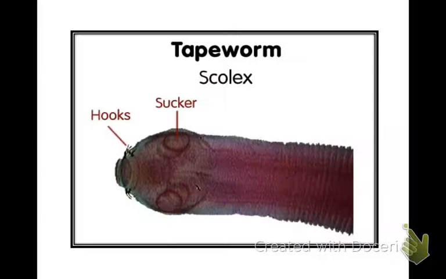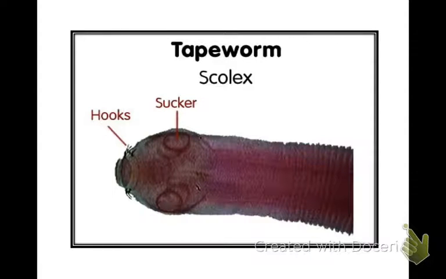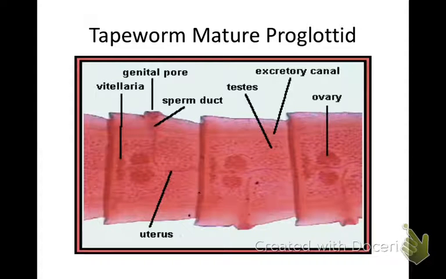worm. So if we look at the scolex of a tapeworm, you can see you have hooks at the anterior end and suckers that will help it attach to the intestinal wall, and then at the base of the head you can see here are where segments are forming, and each one of those ridges corresponds to a proglottid, which will develop sex organs, either ovaries or testes.